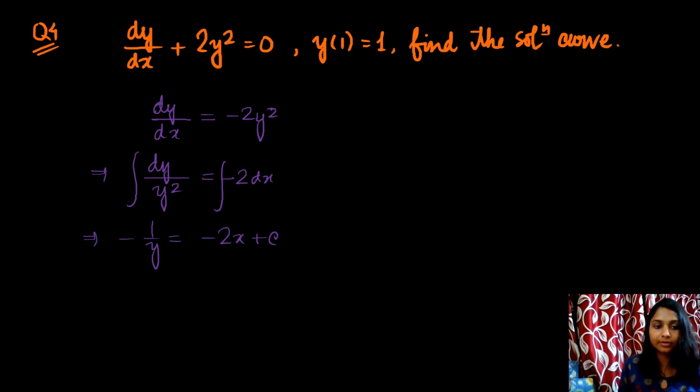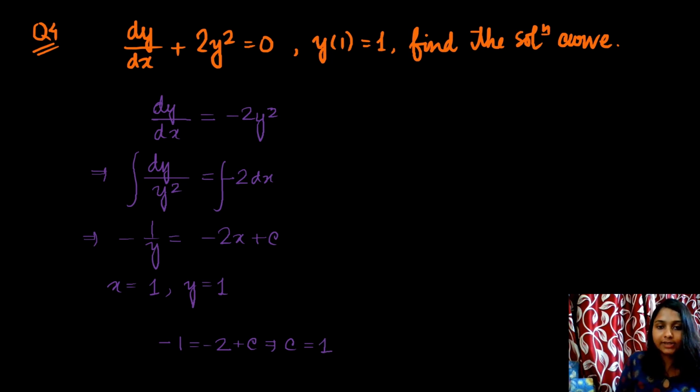So let us now do that here. At x equals 1, y equals 1. By putting these values in the above equation, we will obtain minus 1 equals minus 2 plus c. Therefore, c equals 1.